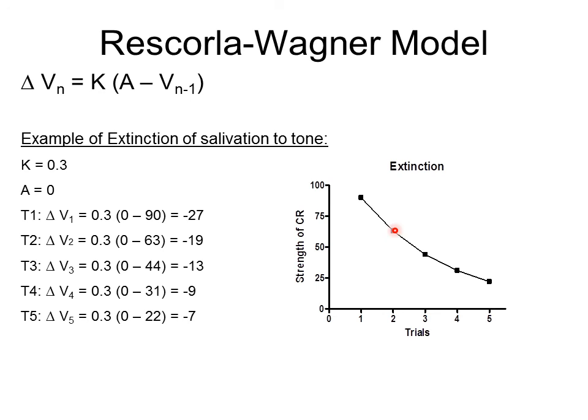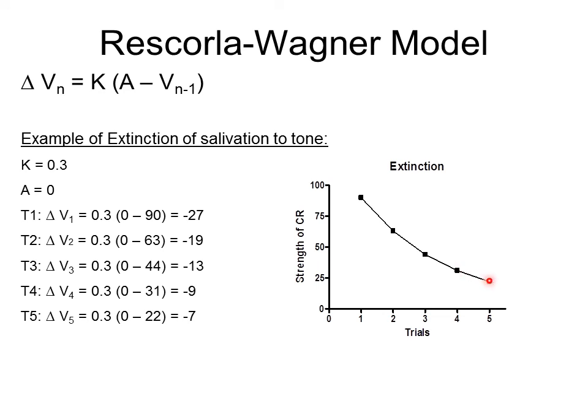On the next trial, we lose an additional 19 associative units, and so that brings us down to a cumulative associative strength of 44. On the third trial, we lose an additional 13 units, and so that brings us down to 31. And then we lose an additional 9 units on trial 4, and that takes us down to 22.